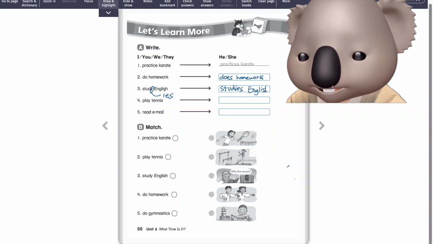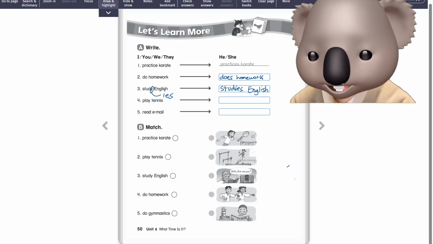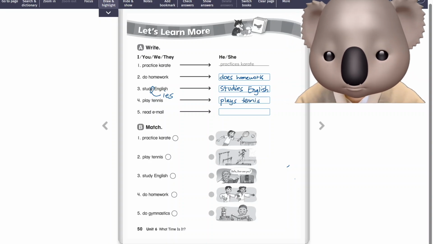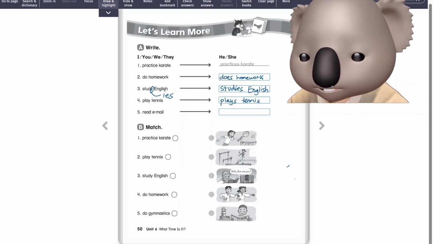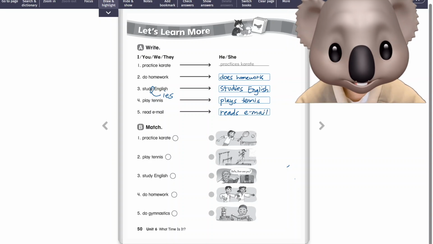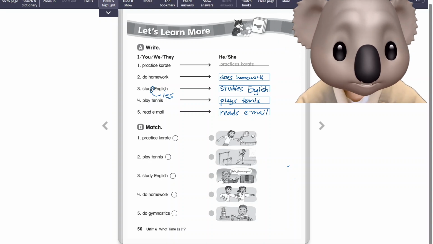Studies English. Number 4, play tennis changes to plays tennis. Number 5, read email changes to reads email. Great job! In part B, we are going to match the word to the picture.